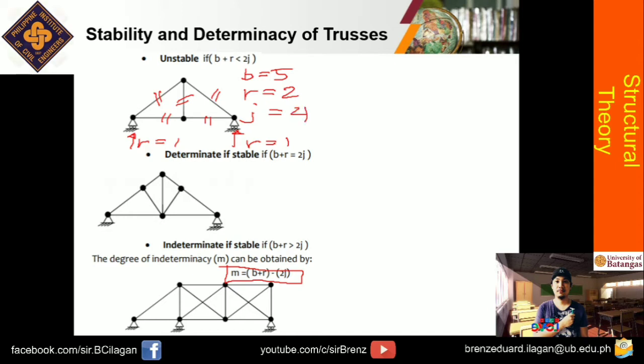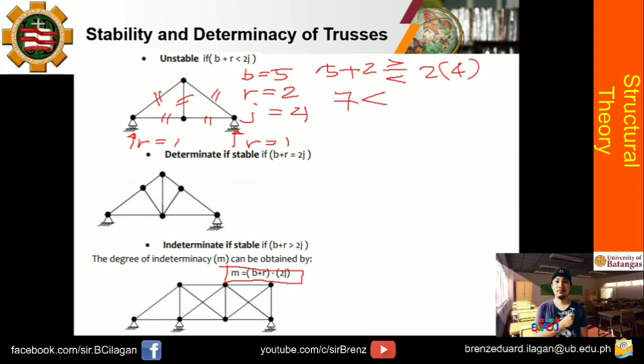Okay, so by applying this equation, B plus R, or 5 plus 2, greater than, equal, or less than 2 times 4. So the equation will be 7, so that is less than 8. Therefore, if that is the case, this is considered as unstable, or US. This is the answer for the first example.